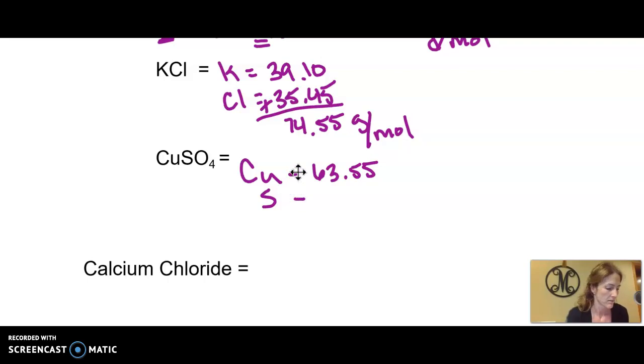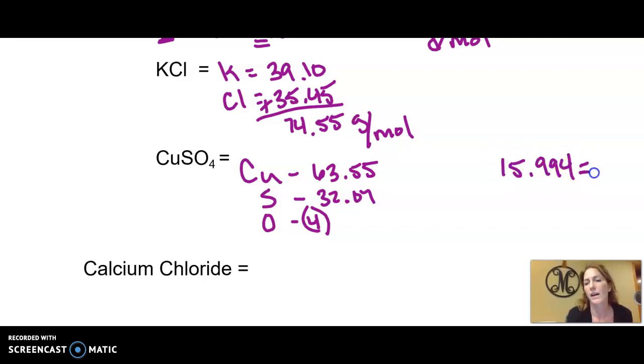Sulfur is going to be 32.07. But now we get to our oxygen. Well, in this compound, I have 4 oxygens. So I have to do 4 times the mass of oxygen. Oxygen's 15.9994. I'm going to write that over here.